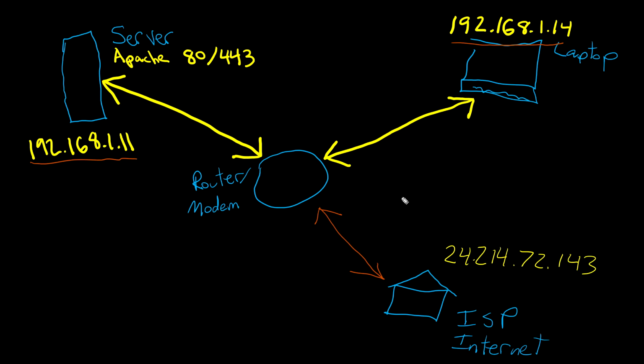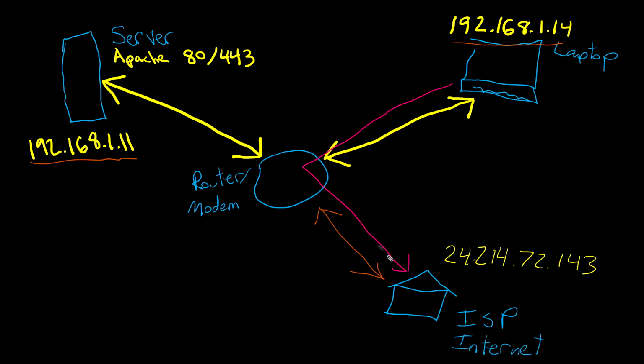Okay, so let's say that this works. To understand your traffic flow, even though this is on the same local area network as this computer, when you type in your external IP address, your public IP address on this computer, the traffic is going to go something like this. It's going to go down, hit the router, and go to your internet service provider, because your internet service provider is going to explain where this computer is.